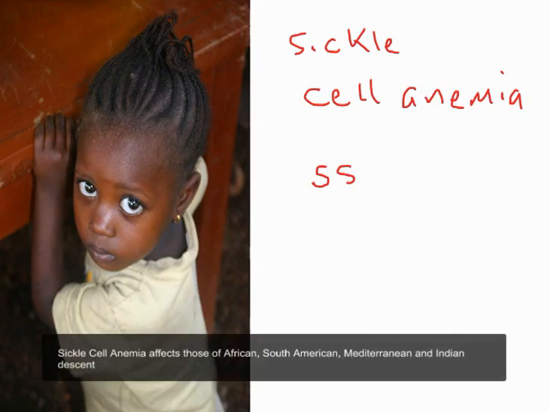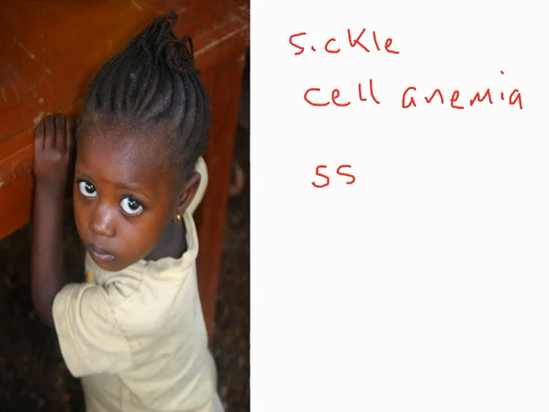It affects those of African ethnicity, it affects South Americans, those from the Mediterranean, and it also affects those of Indian descent. And so it's fairly ubiquitous and characterized by the occurrence of very severe episodes of bone pain. This bone pain is intermittent and occurs as a series of crises.